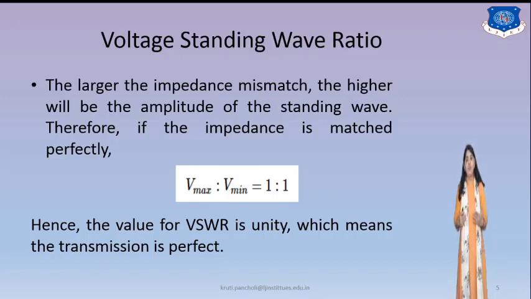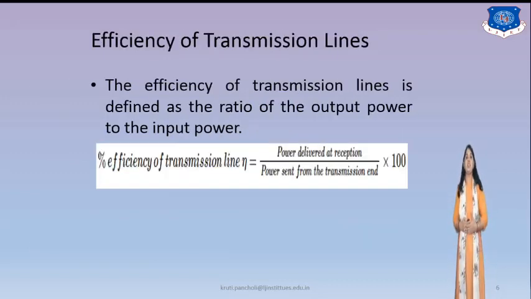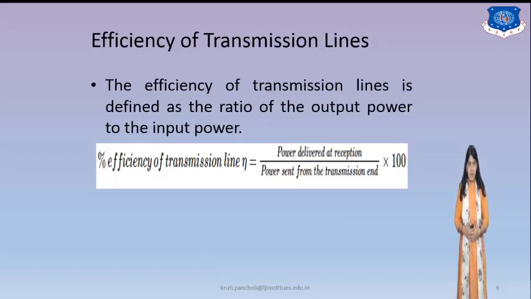Hence, the value of the VSWR is unity, which means the transmission is perfect. It can also be asked in some competitive exams that the value of the VSWR is unity. What does that mean? It means the transmission is perfect.